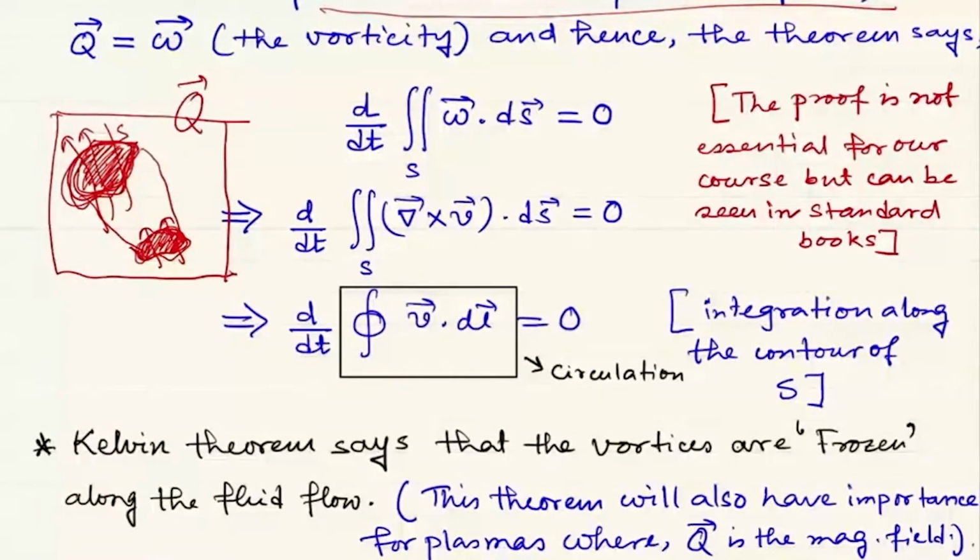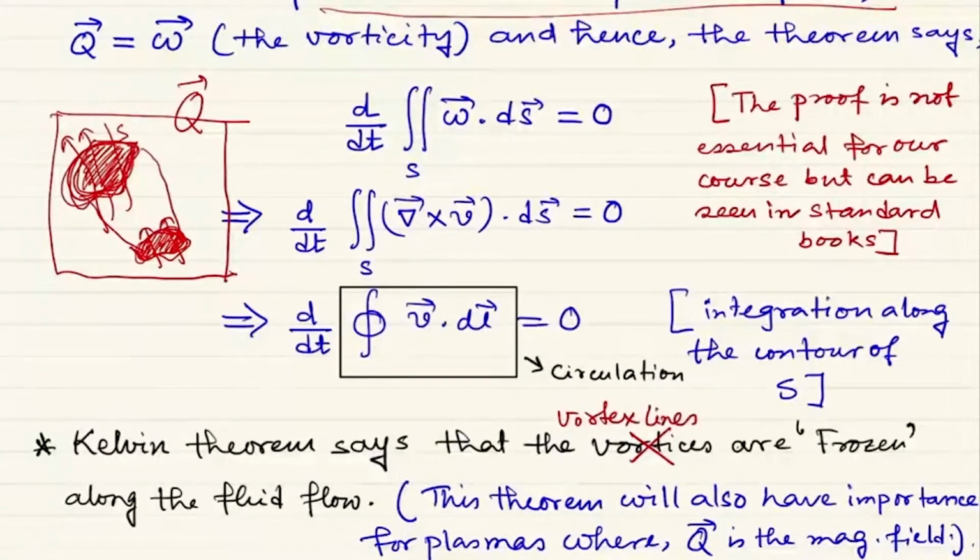What is the meaning of that? When some vector omega or q satisfies this vorticity theorem, the meaning is that the vortices, or the vortex, but it's not the vortices. I should write this properly, the vortex lines.